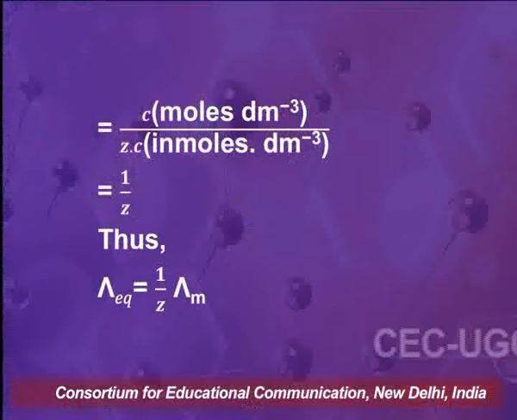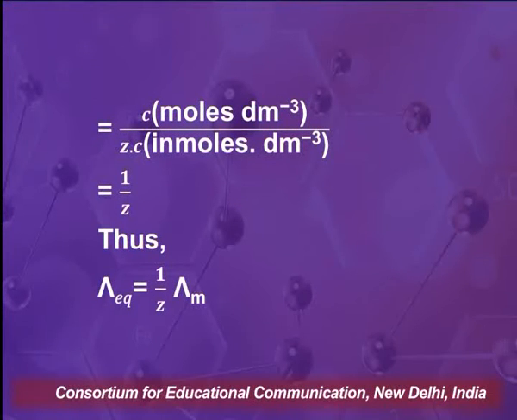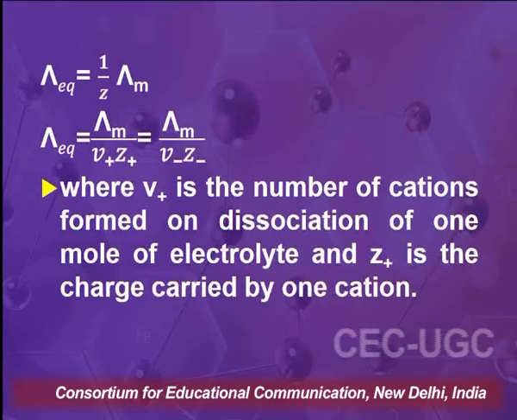So, lambda equivalent by lambda m becomes equal to C in moles per liter divided by z into C in moles per liter. So, C C gets cancelled. So, lambda equivalent by lambda m is equal to 1 by z, or lambda equivalent is equal to 1 by z into lambda m.